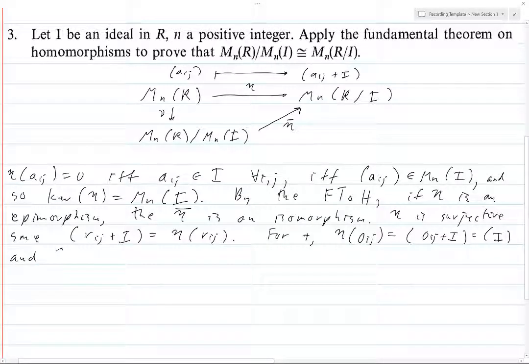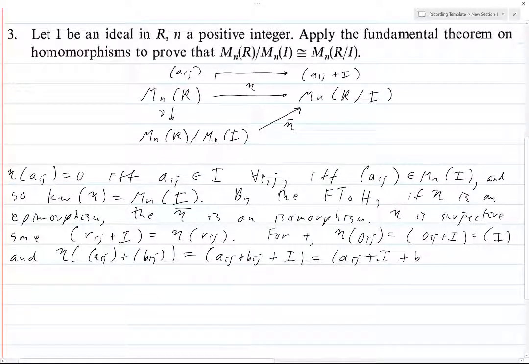And eta of (A_ij + B_ij), these are both matrices, each entry is going to look like A_ij + B_ij + I, but we can write this as (A_ij + I) + (B_ij + I), because any element of the form A_ij + B_ij + I can be written in this form since I + I = I. That's the main thing that's going on here.